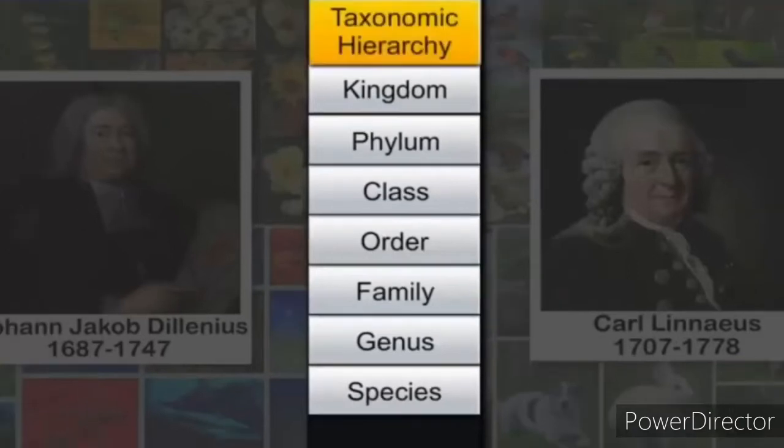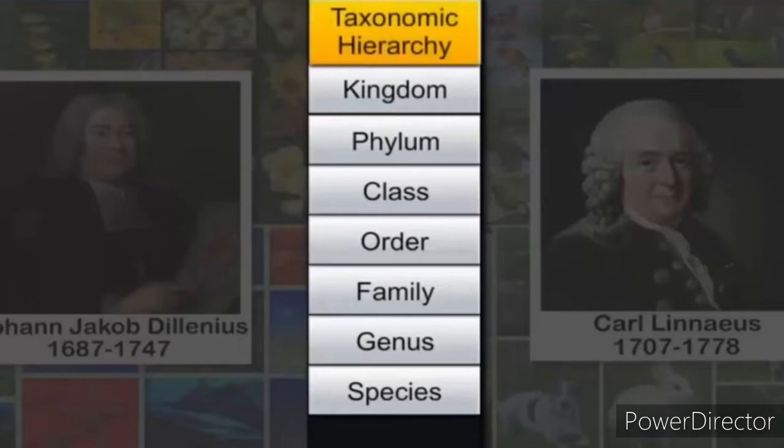Since the category is a part of the overall taxonomic arrangement, it is called the taxonomic category. It is based on the naming of an organism.